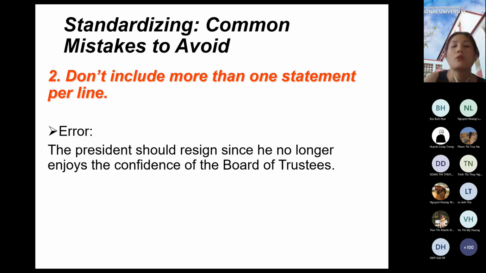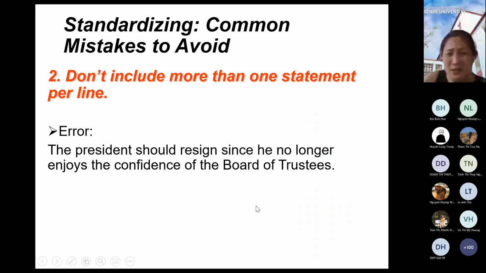So where should we break? Read through and we see since is here, isn't it? So we break at the since, and since is the indicator word for a premise. What comes after the since is the premise. Before that is the conclusion. And when you rewrite the premise, you cannot keep it like he no longer enjoys, isn't it? You cannot start with he.